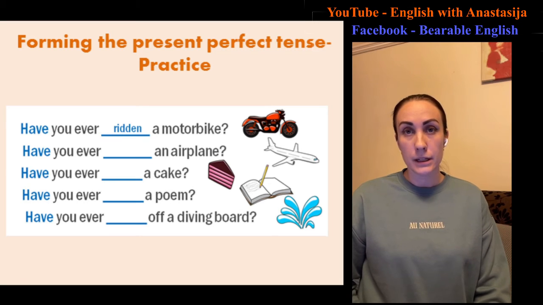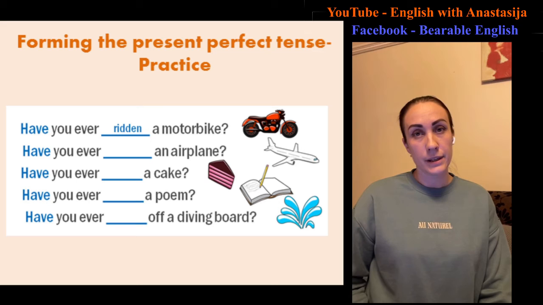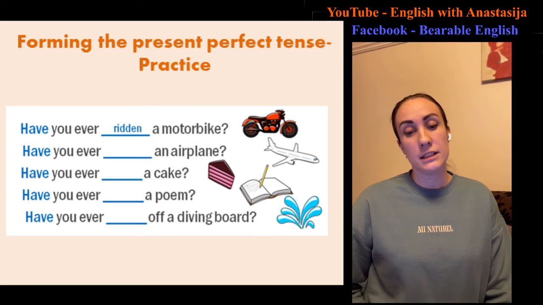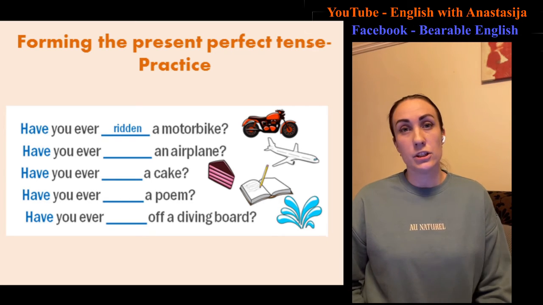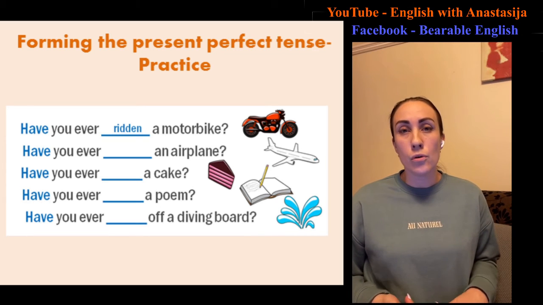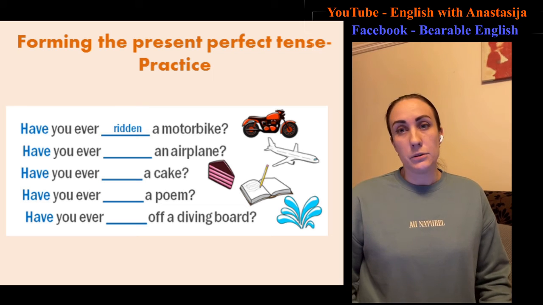Have you ever? Now, with the present perfect, you have some time phrases that we often use, and those time phrases are adverbs such as ever or since or for. These are the most commonly used ones.